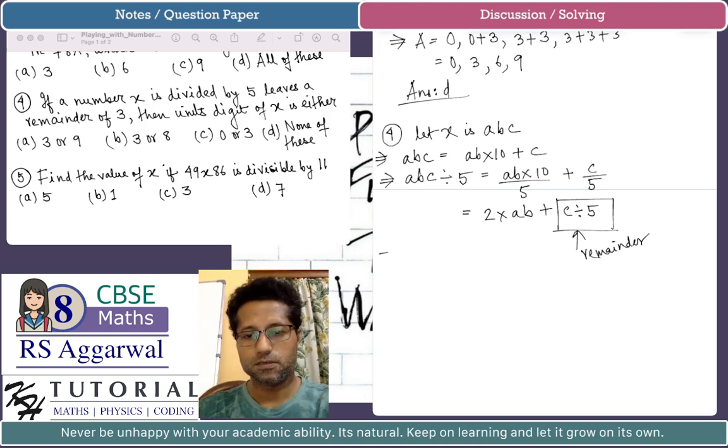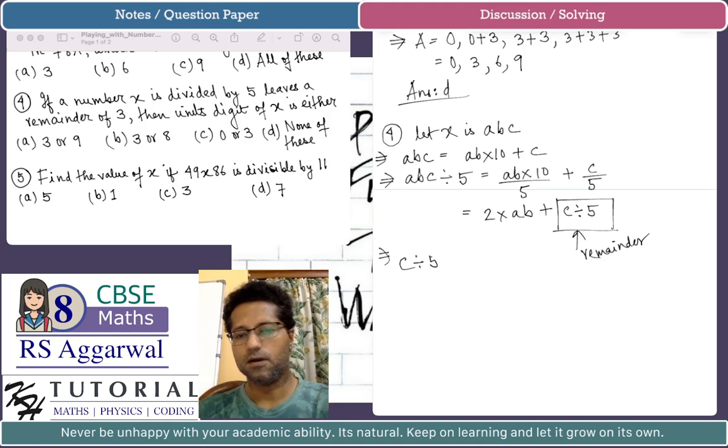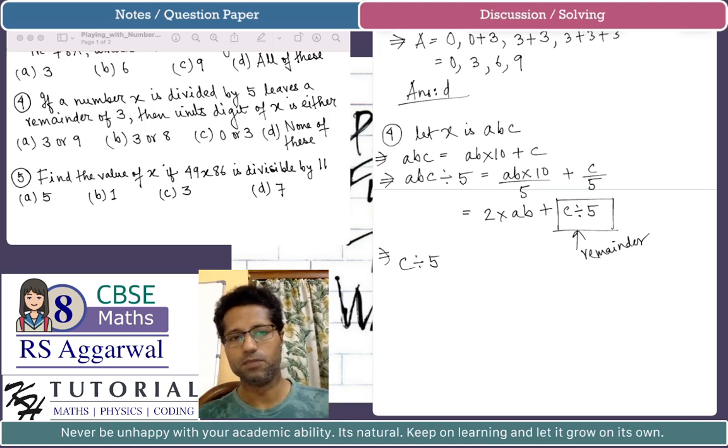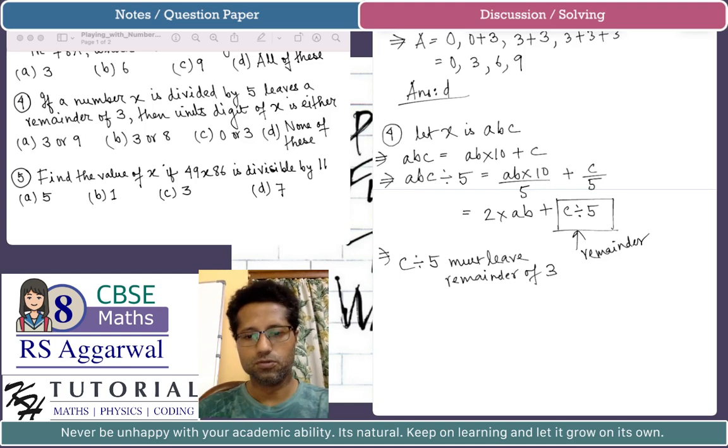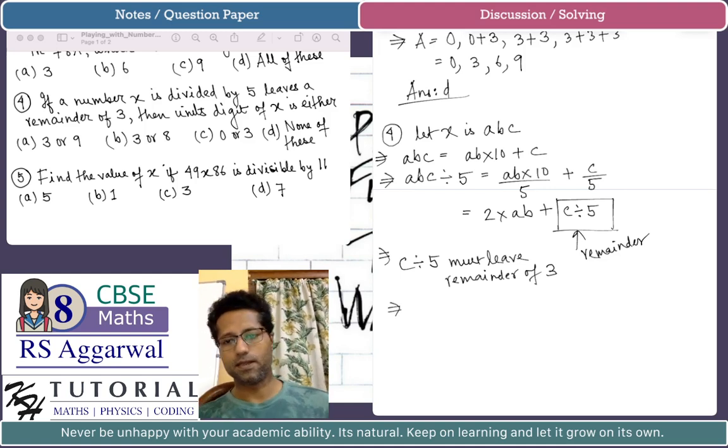So C divided by 5, where C is the unit digit in the number ABC, which we have assumed to be the number x, must leave a remainder 3. What can the value of C be? C is a digit such that when it is divided by 5, it will leave a remainder of 3.